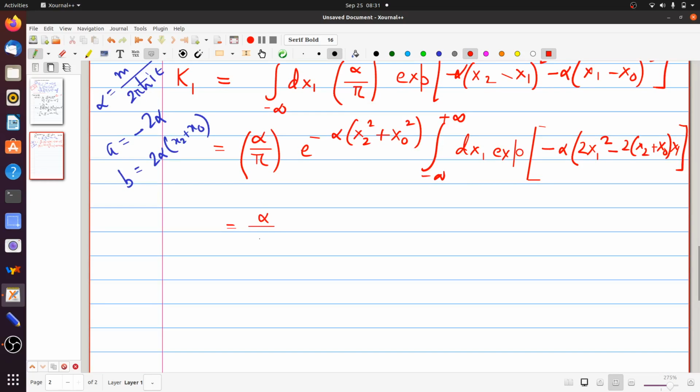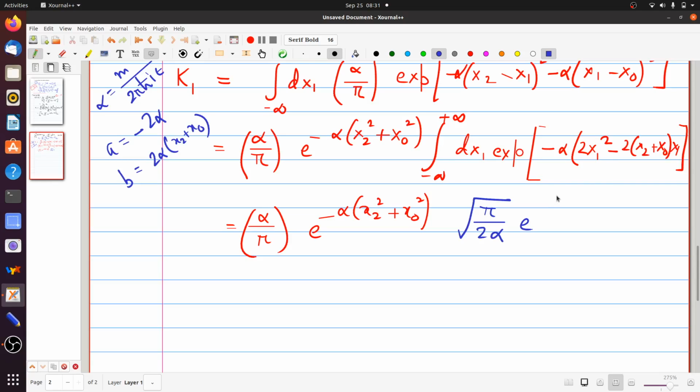You get alpha by pi, e to the minus alpha (x2 square plus x0 square) sitting outside, and then we write down the result for the Gaussian integral, which is root over pi by 2 alpha. Okay, and then you have e to the power plus b square by 4a. There is no c here, c is 0.